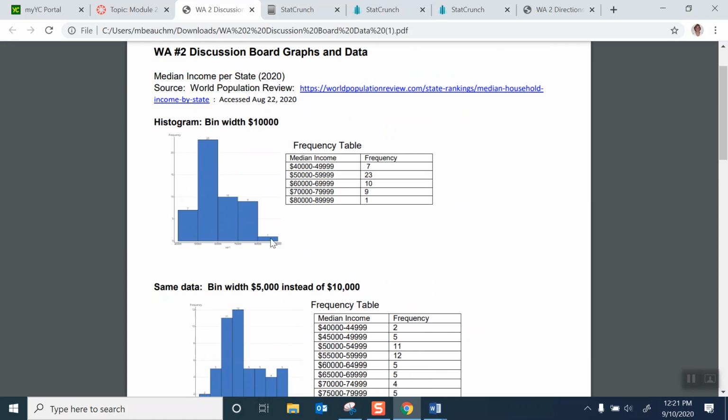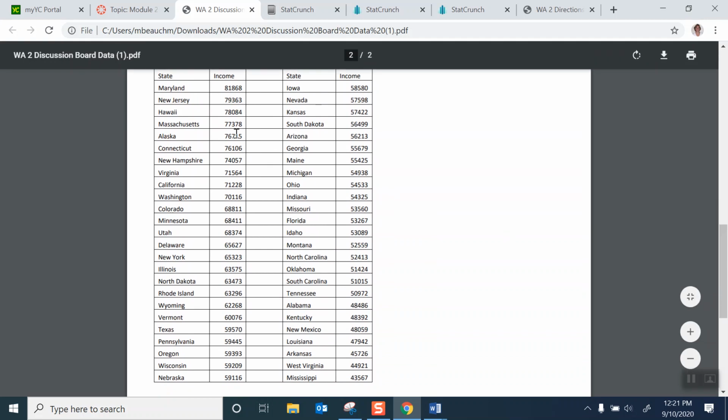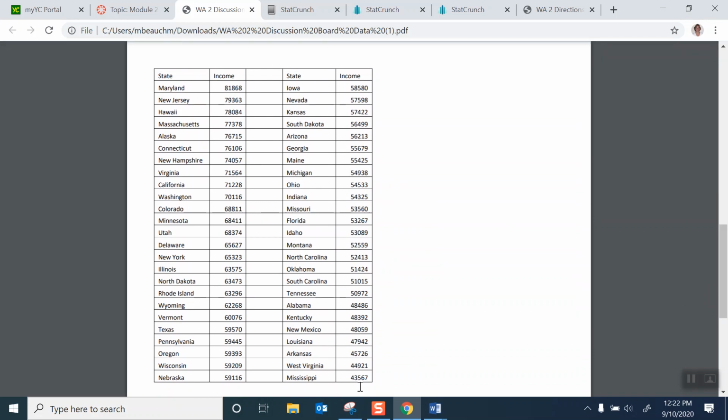This data worked out if we let the data set, let me show you the data set I used. The median income, so I looked through here, found out what the smallest value was, the largest value, and then looked at, well, it looks like maybe $10,000, all the data values will fit. So I used a class width of 10,000.